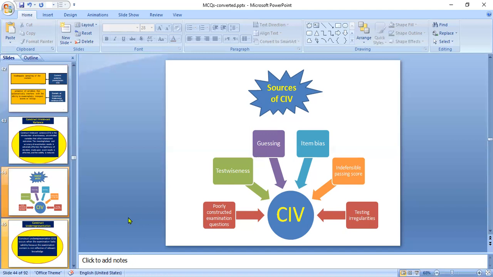The last one is testing irregularities, which simply means cheating. Cheating will also lead to construct irrelevant variance. However well-designed the paper is, and however perfectly you try to make good, flawless MCQs, if there are irregularities during the conduct of the exam, the validity of that exam will be reduced.